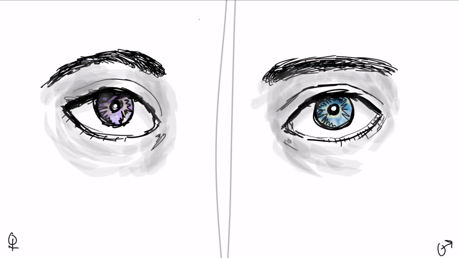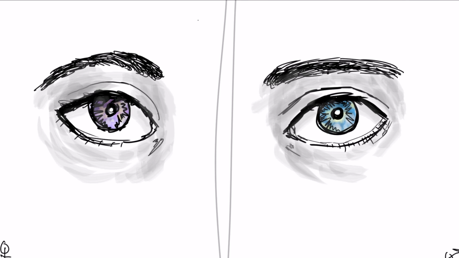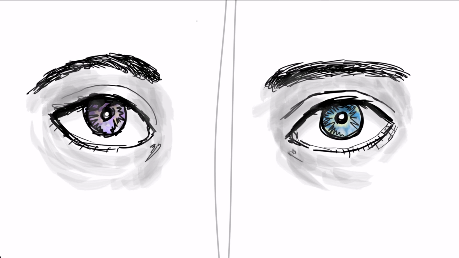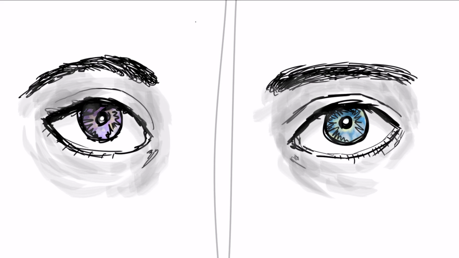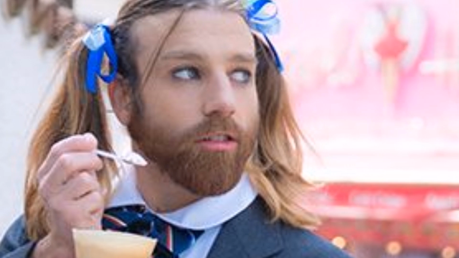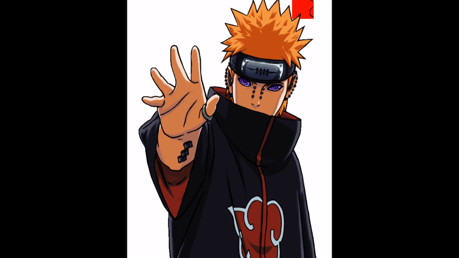So I feel like this is not law, but in general they tend to be this way. Because if you're a guy and you have curved eyebrows with curved eyes, you will have more girly looking eyes and face. Well, maybe not if you have a beard or something, but you'll have more girly looking eyes.